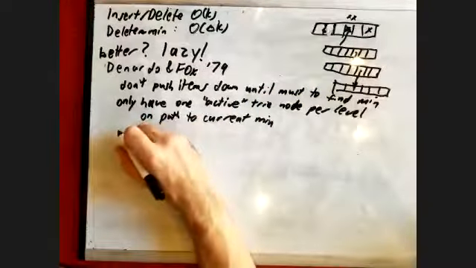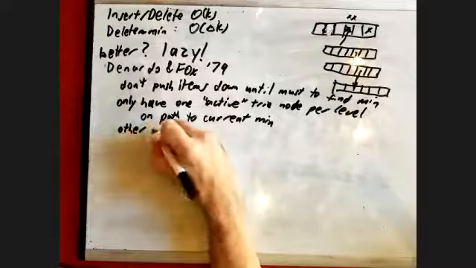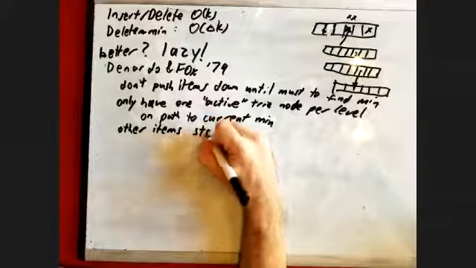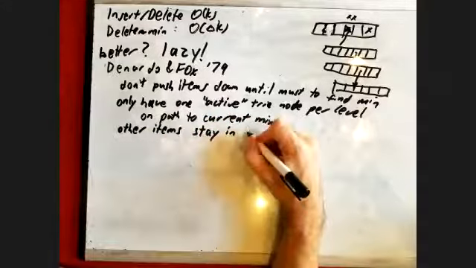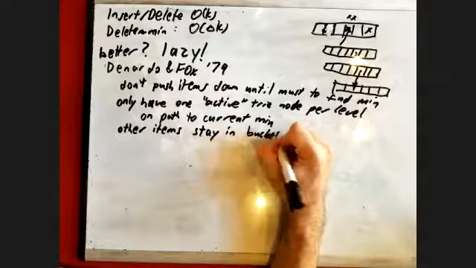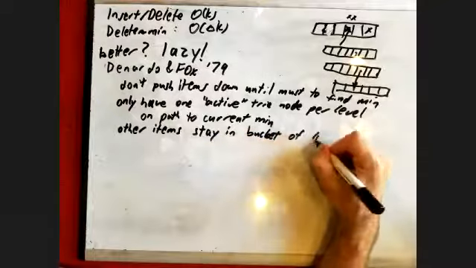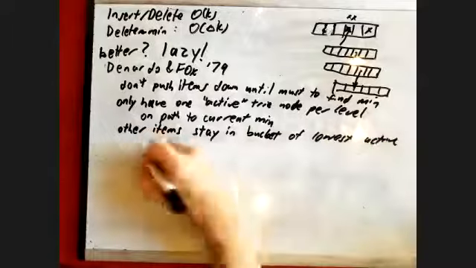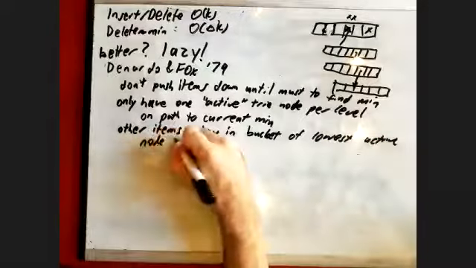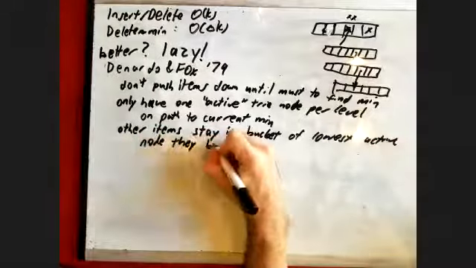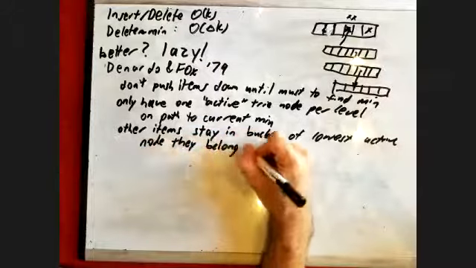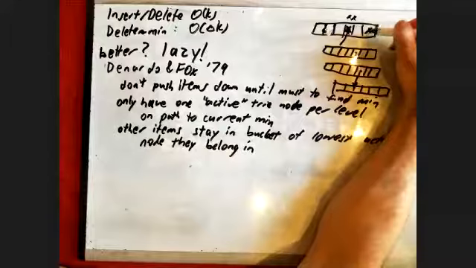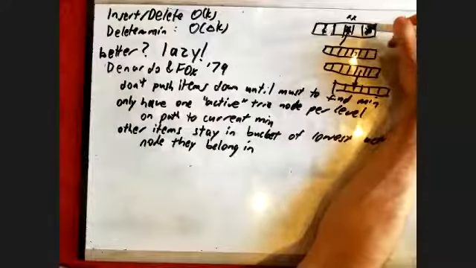Other items that are not on this path just stay in the bucket of the lowest active node they belong in. So at the top level, I'll have some other non-empty buckets after the current min.